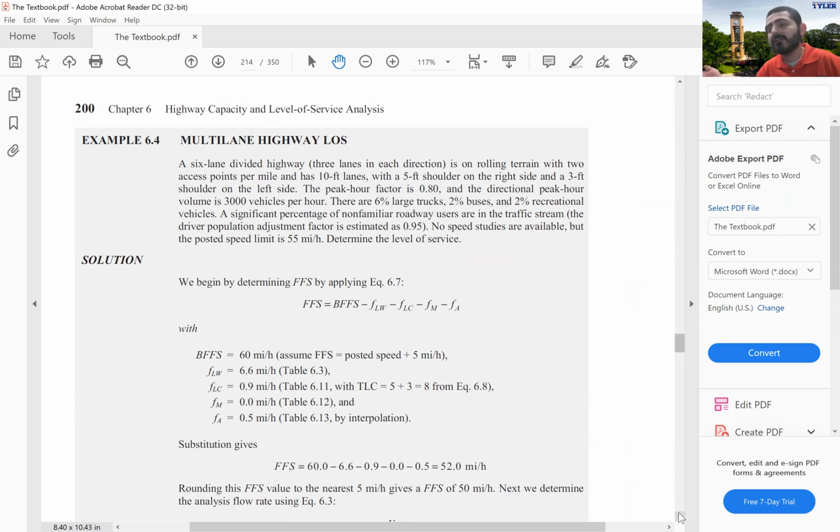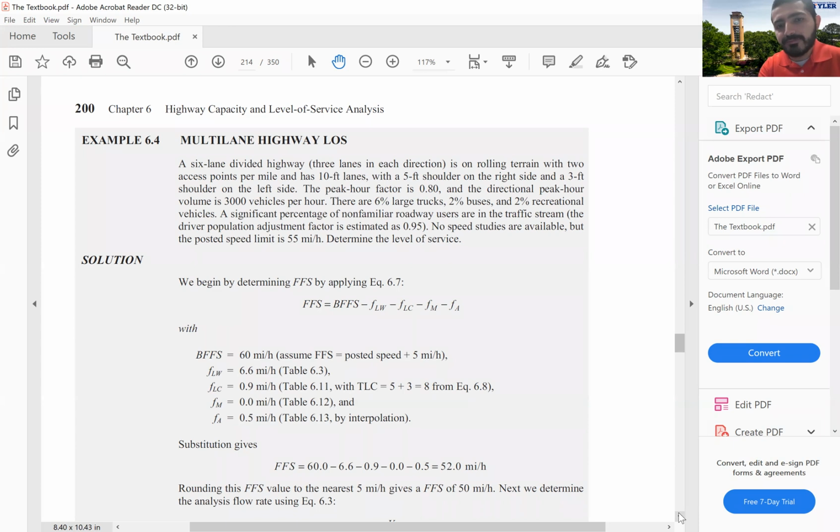If you satisfy it, awesome, because it's level of service A and you don't need to do any calculation. But just by reading carefully, you notice it's 10 feet lanes, which is far away from the base condition of 12 feet. And therefore, you're going to go through the calculations of free flow speed, the VP, the density, all the way to the graph.